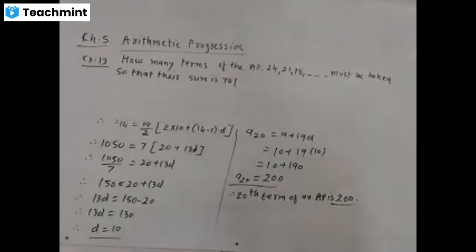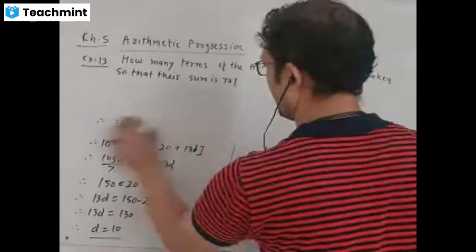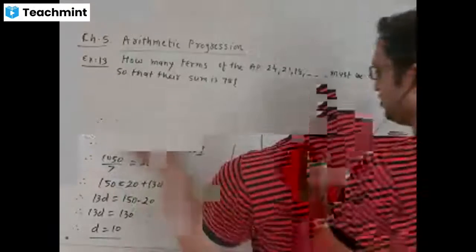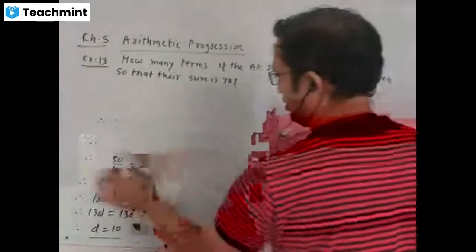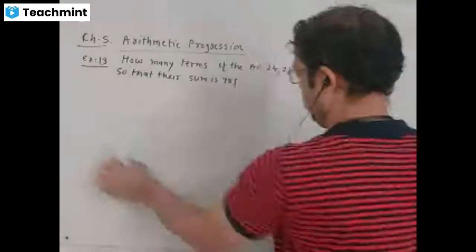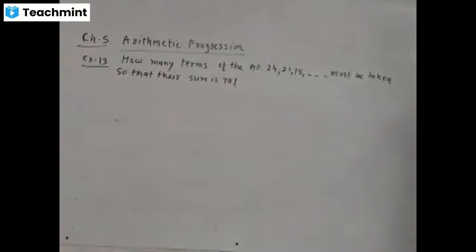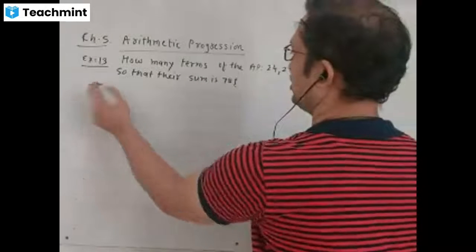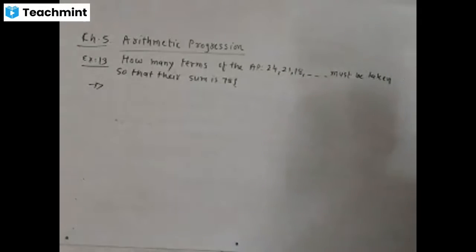Chalo. How many terms means find the value of n. The AP 24, 21, 18, and so on must be taken so that Sn is equal to 78. Here the sum of n terms is given.